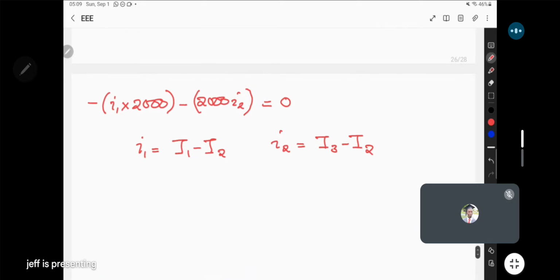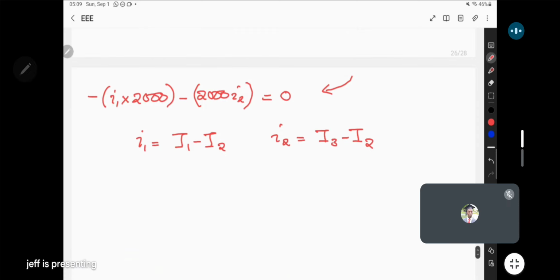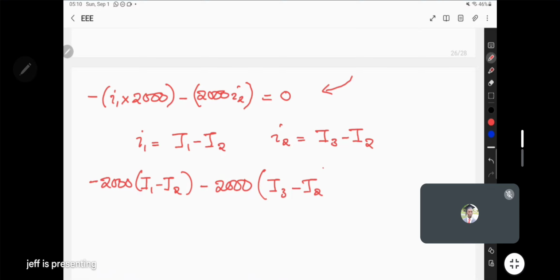So in fact, we could have directly come up with this equation in terms of the mesh currents instead. If I did that, I would have had minus 2000 multiplying, since that is I1, mesh current 1 minus mesh current 2, minus 2000 multiplying mesh current 3 minus mesh current 2. So I could have gone directly to this version.